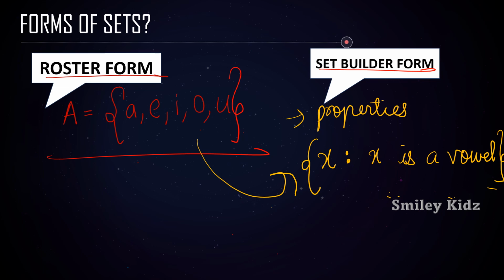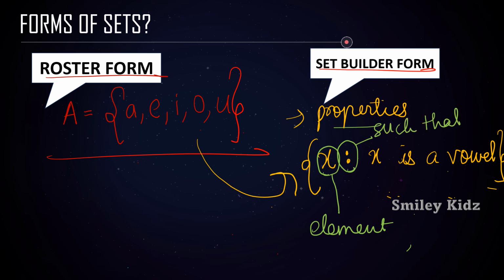Now what does this mean? X right over here represents an element, and this sign does not mean "is to" or something like that. It means "such that". So x is such that x is a vowel. Now x can only be a, e, i, o, u, right? X will be only equal to a, e, i, o, u.